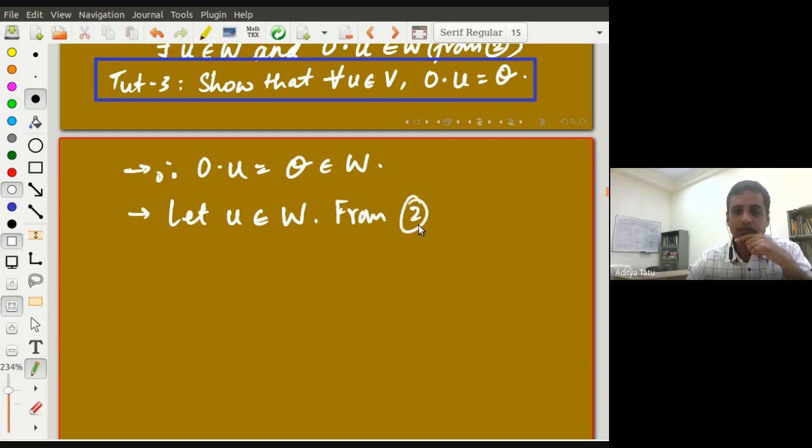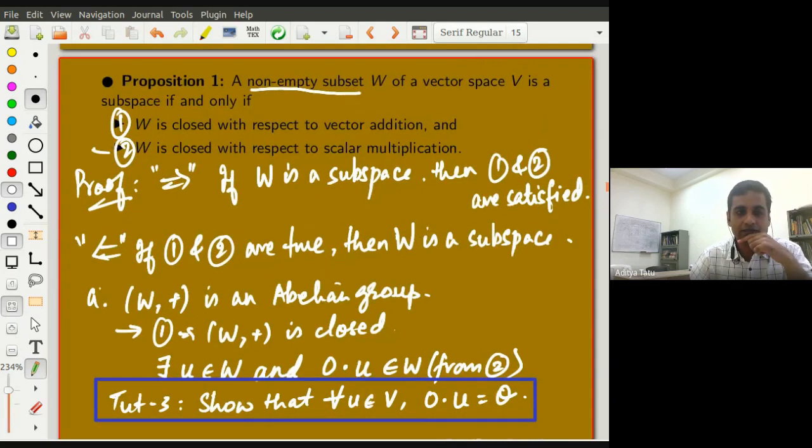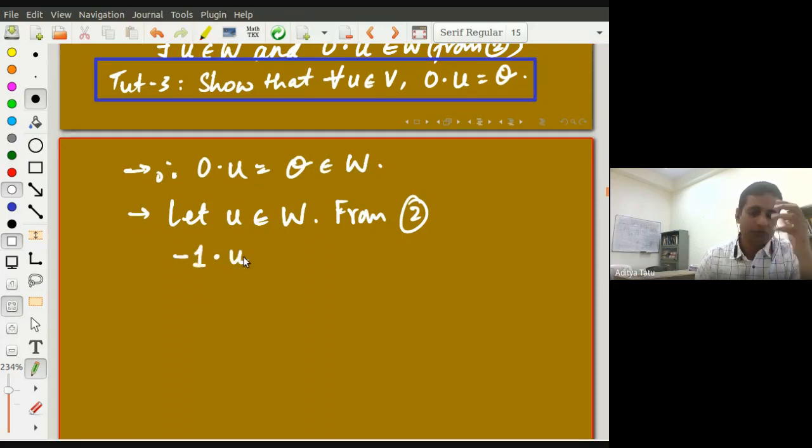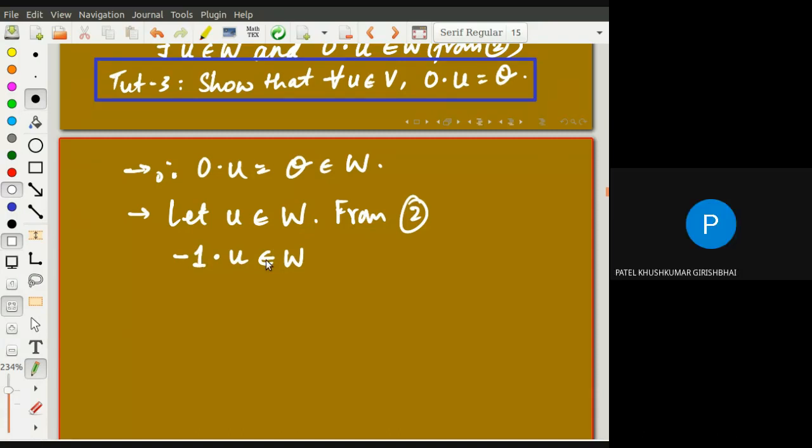By 2, W is closed with respect to scalar multiplication, right? What is minus 1 scalar multiplication U? Surely this is in W, but what can we say about it? Minus U. Why?